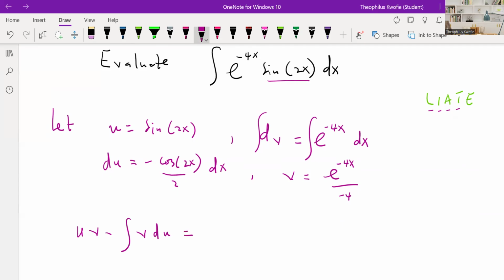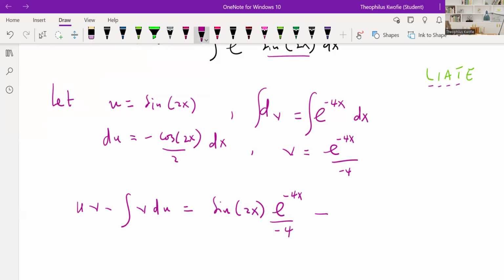So our u dv will just be equal to, now what is our u? Our u is sine of 2x. And then our v is what? e to the power 4x, all of that divided by 4. So we can pull that out, and that means we can have 1 over 4 outside, and we have e to the power 4x.